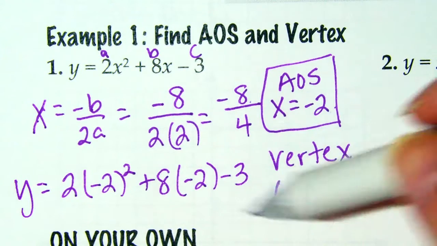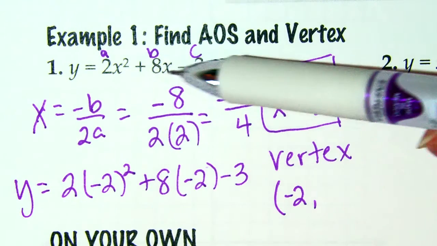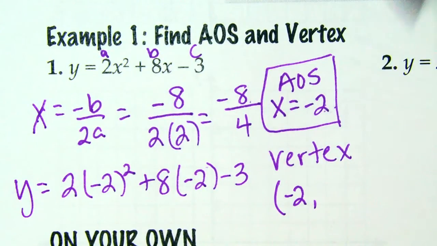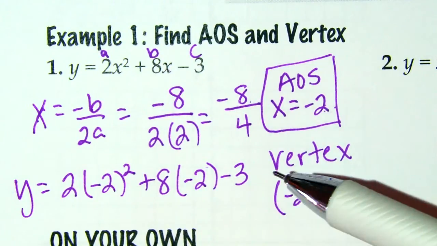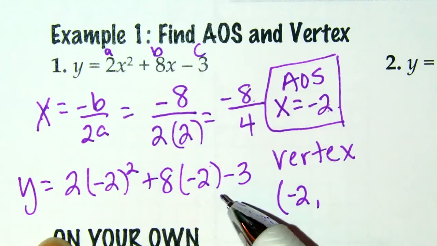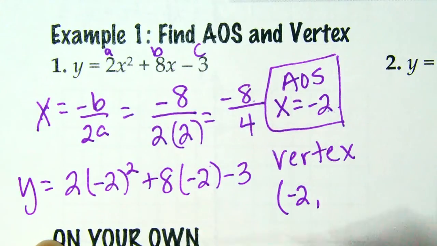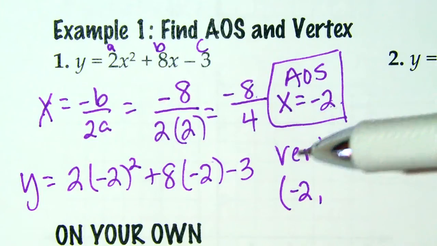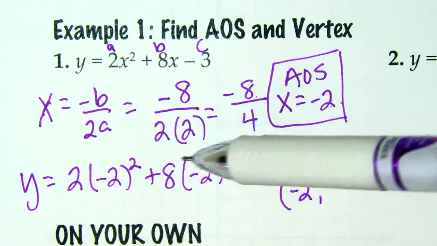This negative 2 that I'm plugging in, I plugged it in for the x, and that's the number I got for x over here. That's why I plugged it in. Make sure you do this in the right order. You can type this whole thing in your calculator if you have one of those navy blue ones. If you have a gray one, it will not do it in the correct order. So you might have to just do it by hand.